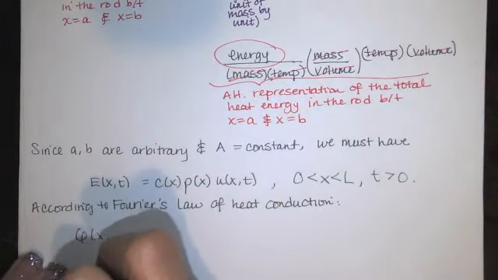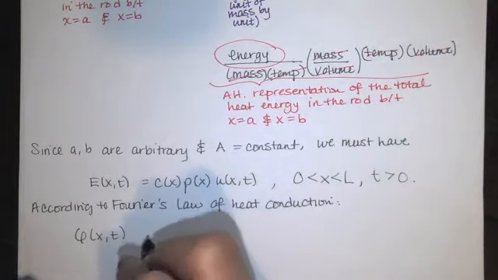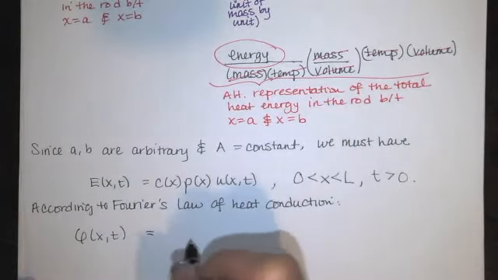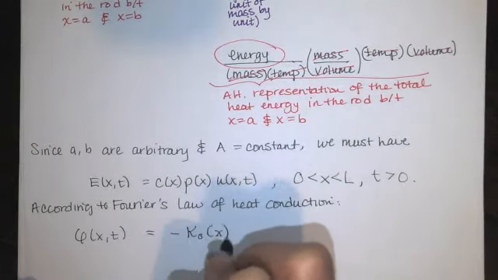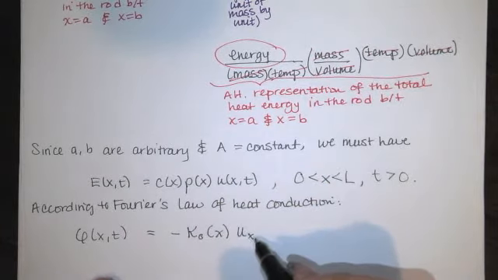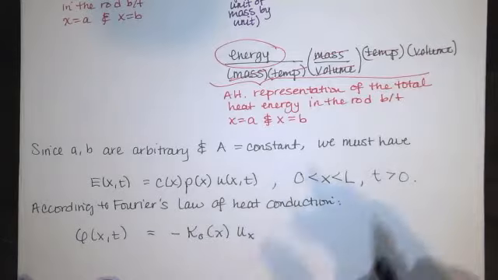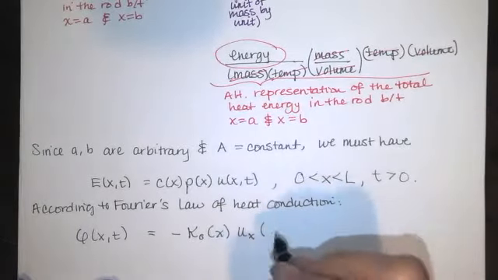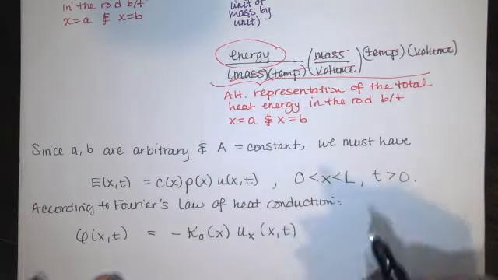This heat flux, heat energy per unit area per unit time, is equal to -1 times that thermal conductivity times the change in the temperature function with respect to x. So it's dealing with that change in temperature in the x direction as our spatial variable changes, while that time t is held constant.